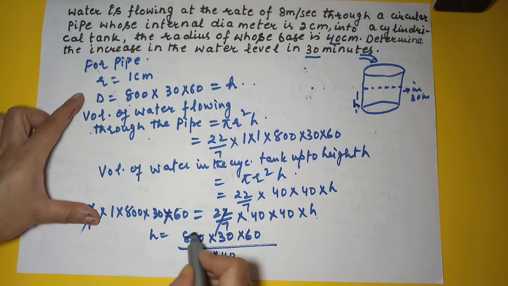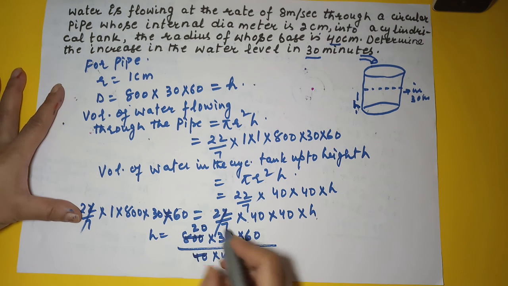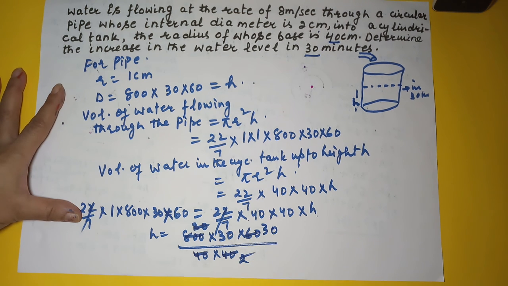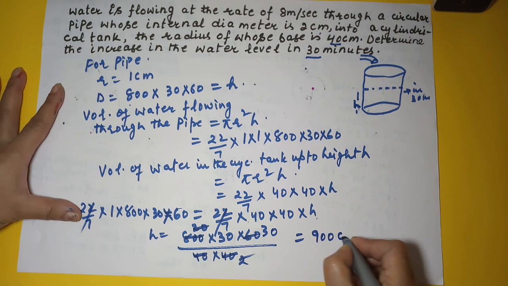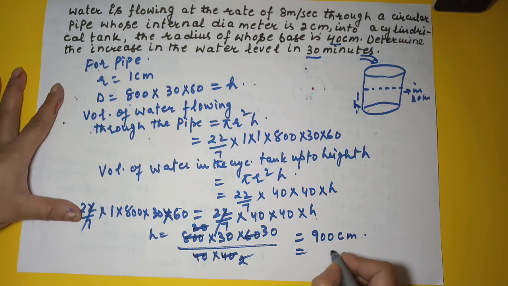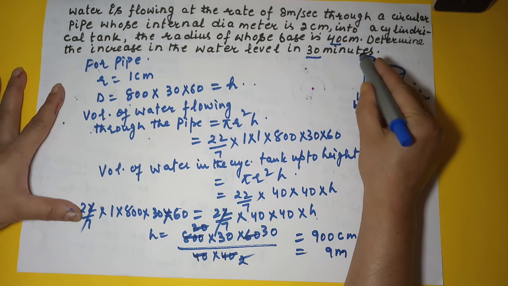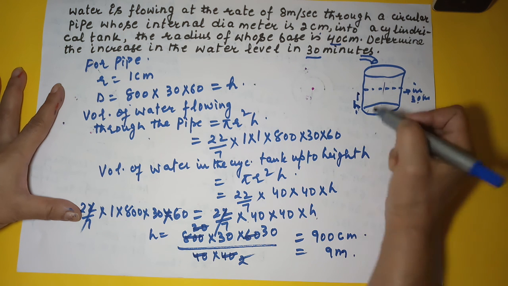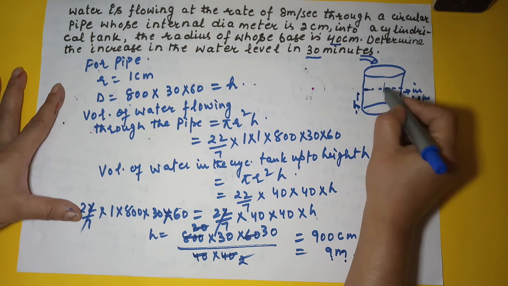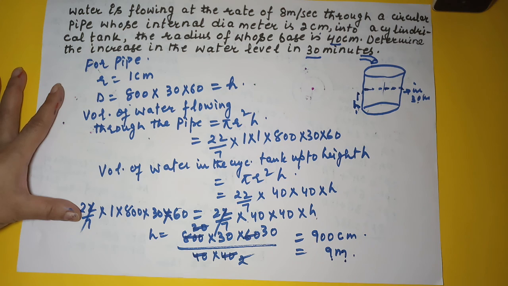So 40 20s are 800, and 20 2s are 40, 2 30s are 60. So I got 900 centimeters, which is equal to 9 meters. So this pipe will fill this cylinder in 30 minutes up to 9 meters. The water will be filled up to the height of 9 meters.